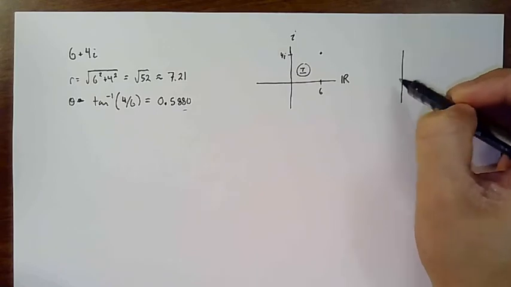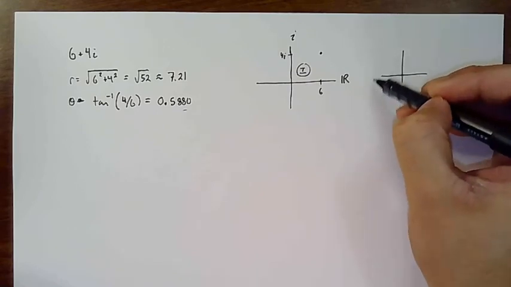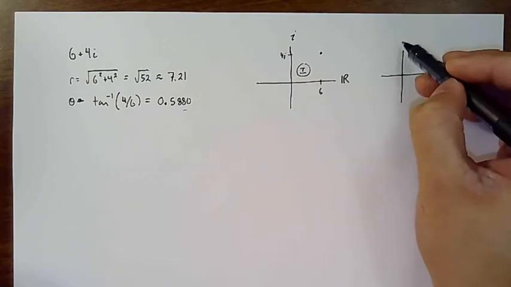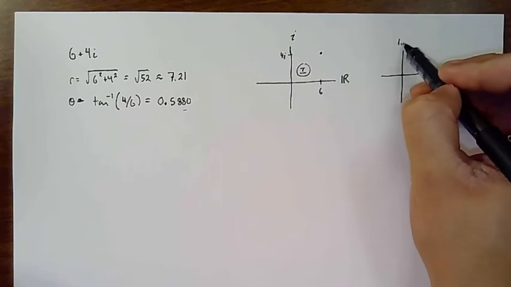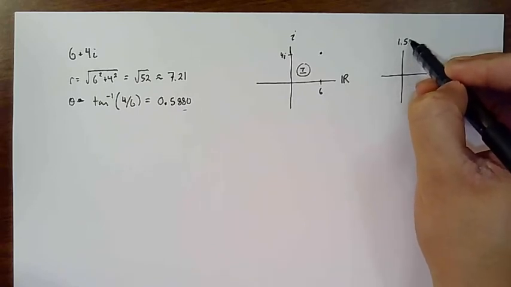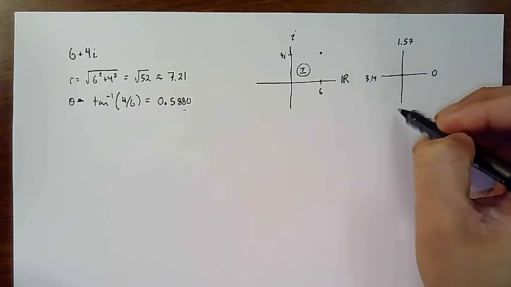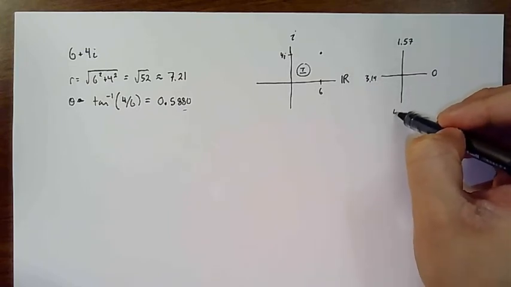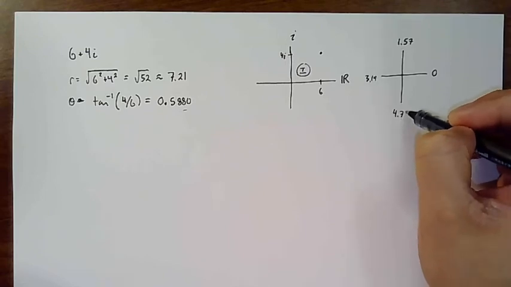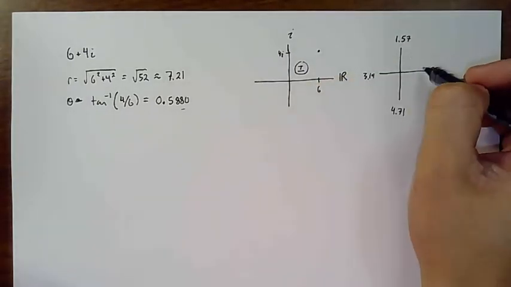Well, if you think about your unit circle and the angles here, this is 0. This is pi over 2, but if we have the decimal approximation, 1.57, this is pi, or about 3.14. And down here, 3 pi over 2, or about 4.71. So this definitely falls in this section here, which is quadrant 1.